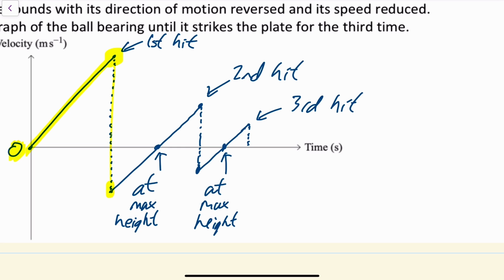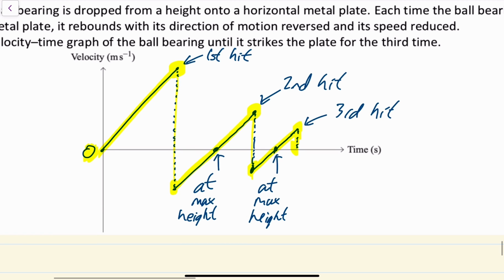It's lost a bit of energy somehow, so it's reduced its speed. Then it takes off again, and it starts out fast, and then it slows down. It's at a maximum height, and it speeds up as it comes down, hits the ground again, changes direction, but it's less, takes off again, and it strikes again. That is very difficult.